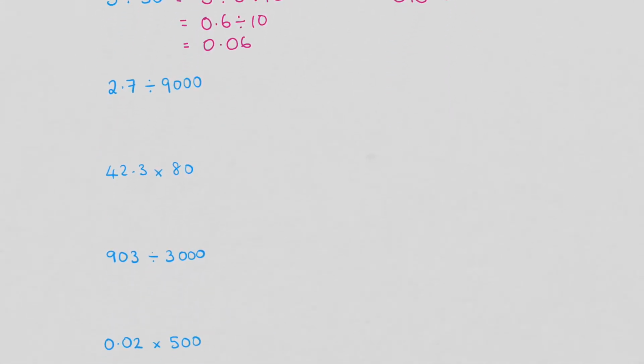Okay, and then next, 2.7 divided by 9,000 is 2.7, excuse me, divided by 9 divided by 1,000. Okay, so 2.7 divided by 9, well, 27 divided by 9 is 3, so 2.7 divided by 9 must be 0.3.